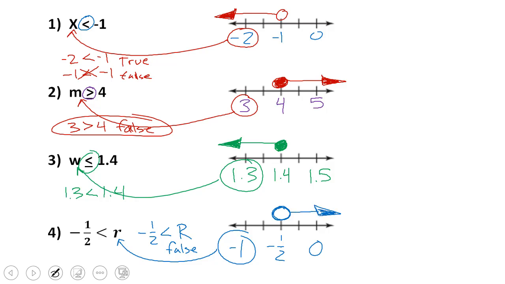Now notice, our arrow should always go in the direction of the numbers that are true, because those numbers that are true are solutions to the inequality. They are part of the solution set. So, ladies and gentlemen, since negative 1/2 is not less than negative 1, that is false, so my inequality graph, the arrow, has to go in the other direction.